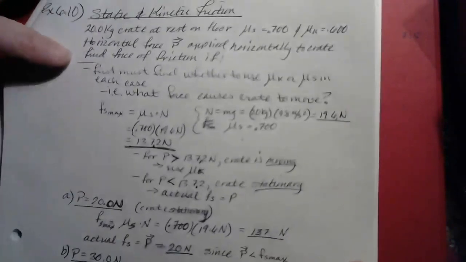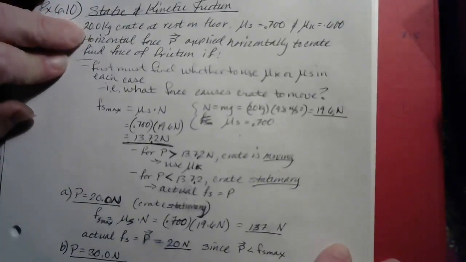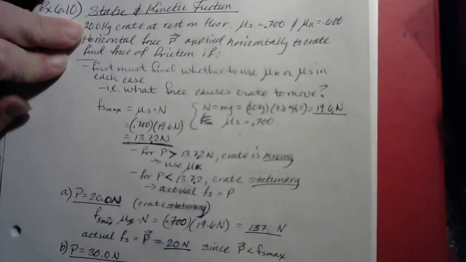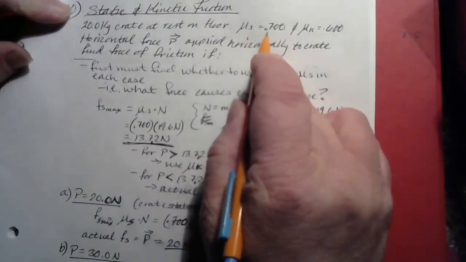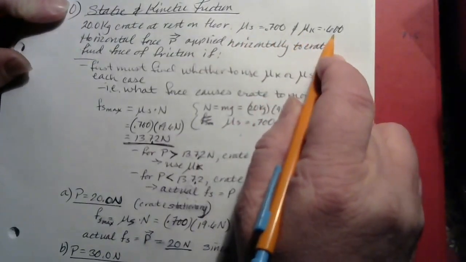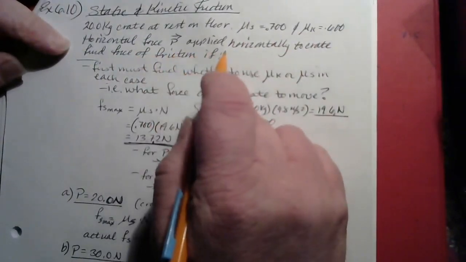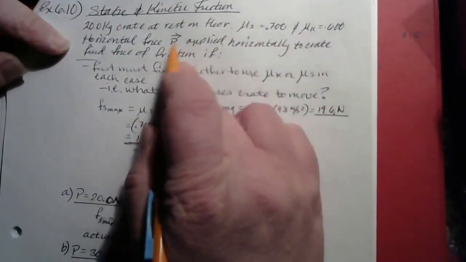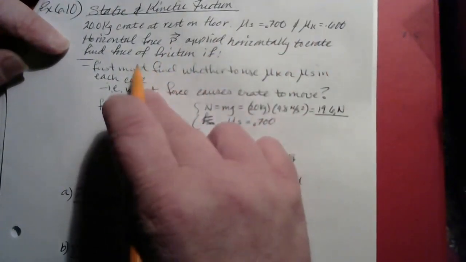So to continue with the examples, the next one is a 20 kilogram crate that's at rest on a floor. The coefficient of static friction is 0.7, and the coefficient of kinetic friction is 0.6. There's a horizontal force P, a vector force, that is applied to the crate.